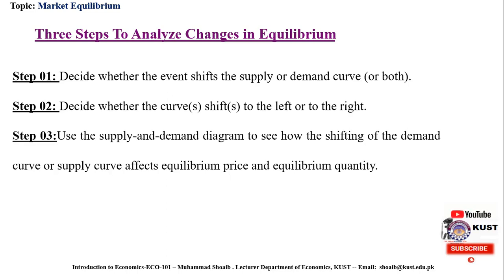If the demand curve or the supply curve is positively affected, it will shift rightward. If it is negatively affected, it will shift leftward. And lastly, we are going to use the supply and demand diagram to see how shifting of the demand curve or the supply curve affects the equilibrium price and the equilibrium quantity.